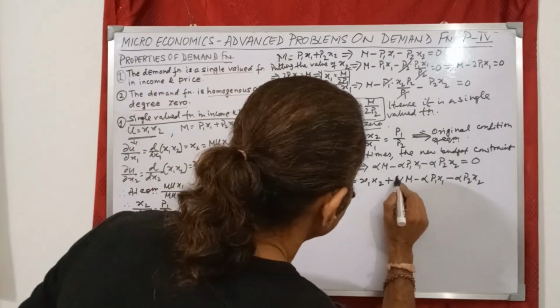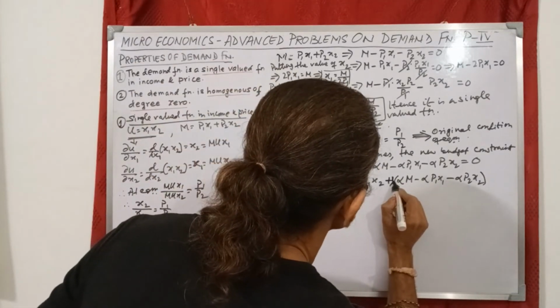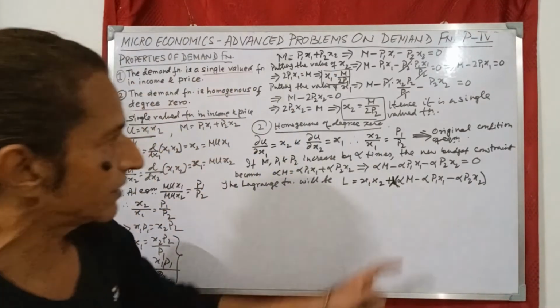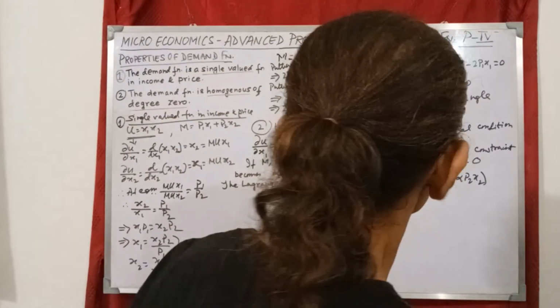This will be multiplied by lambda, as lambda is the Lagrange multiplier.